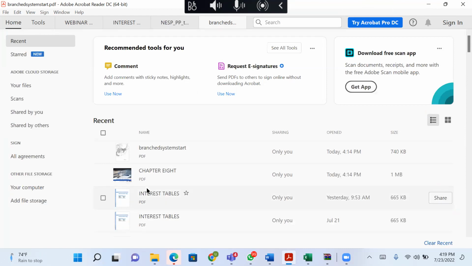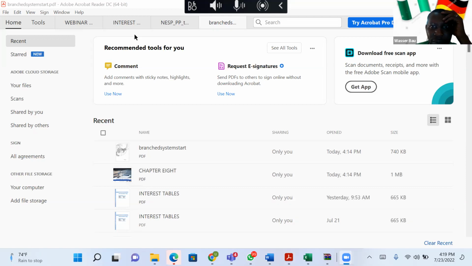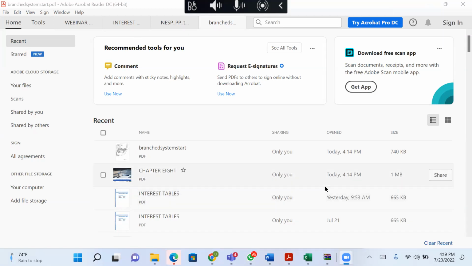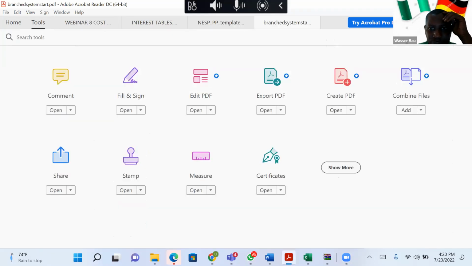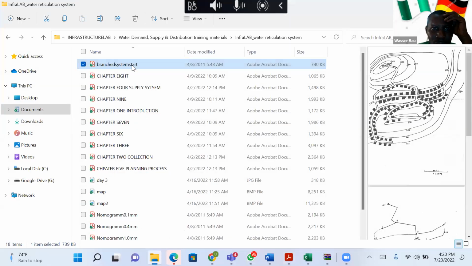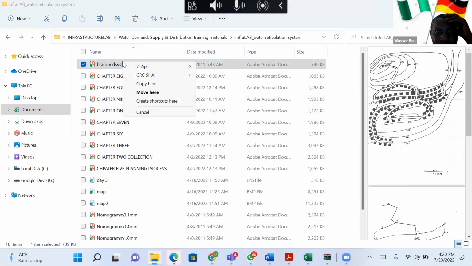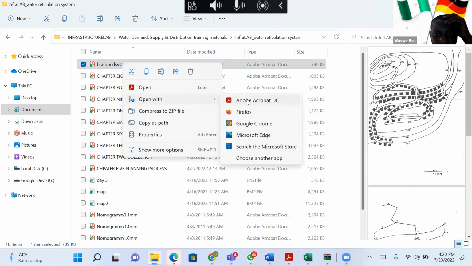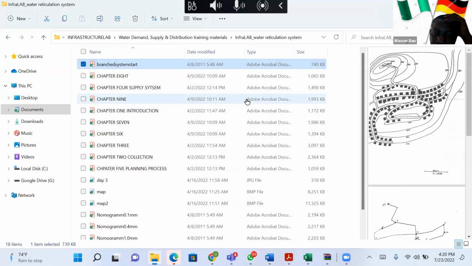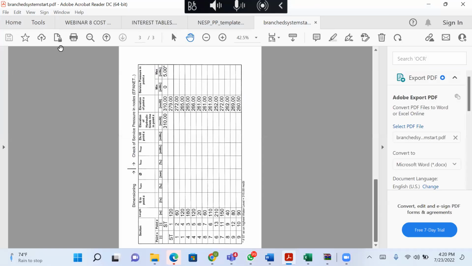Just click on view and rotate. Yeah, I know, but there's nothing there. It's there now. Okay, it's all right. Somebody is muting and unmuting himself. Okay. All right. Branch system. Open with Adobe. Right.